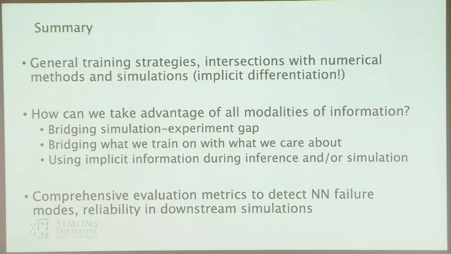And can we do things during inference or simulation that correct some of the classic distribution shift problems we see in scientific domains, where we commonly train on one thing but expect something different when we actually run the simulation? Also, thinking more about evals that we can use to train and correct some of these failure modes.